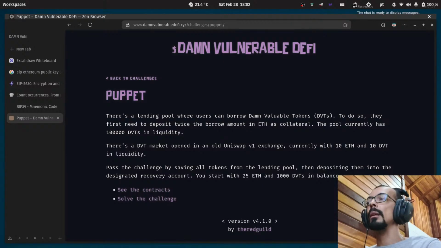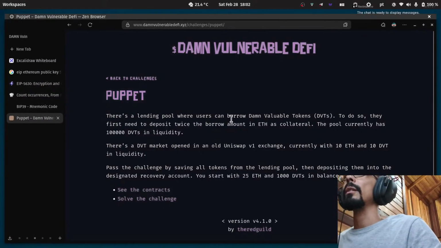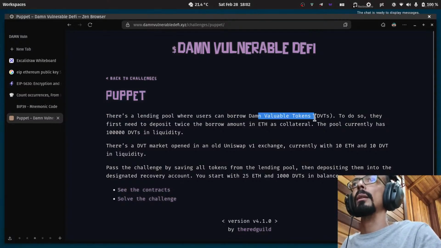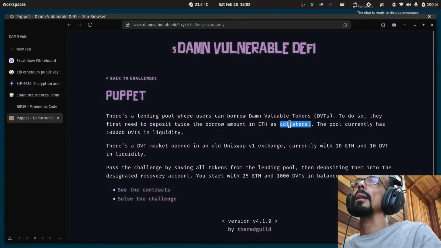Okay, so we're gonna crack the Puppet. There is a lending pool where users can borrow the token. To do so, they first need to deposit twice the borrow amount in Ethereum as collateral. The pool currently has 100,000 DVTs in liquidity.